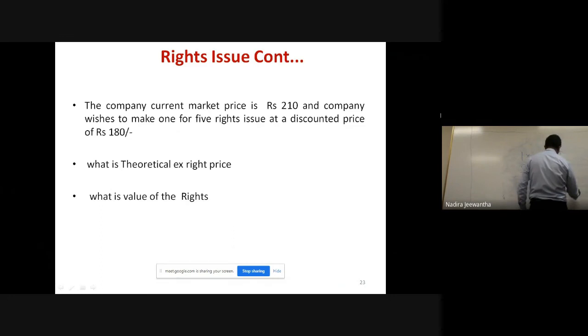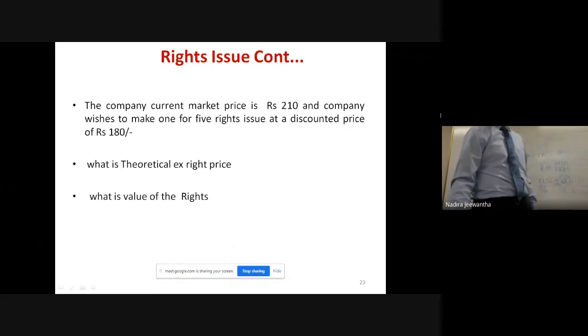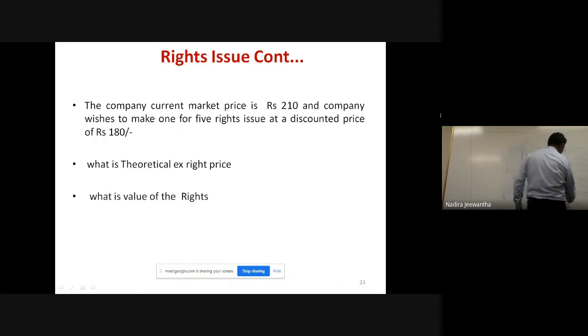The value per right is 205 minus 180, divided by 5. It means 5. Understood?